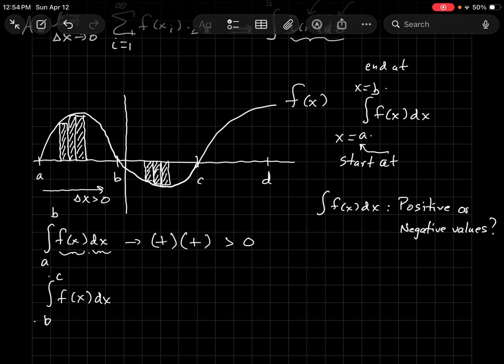Now, what are the values of these pieces? Well, the function values are less than 0. They're negative. But I'm going from b to c, so my delta x's are positive. So I'm multiplying a negative value by a positive value, which gives me a negative value.